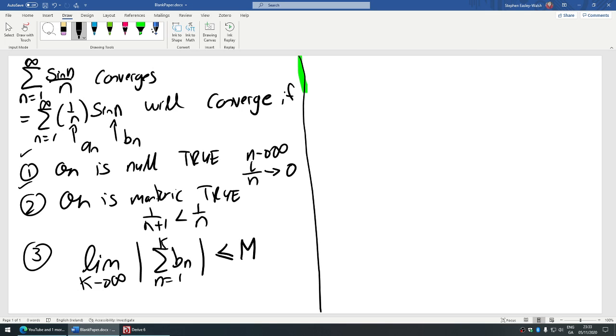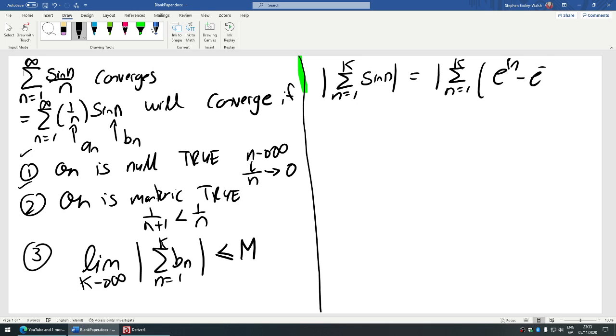So let's calculate here the sum from 1 to k of sine n. That's equal here, absolute value, 1 to k, and then we can use an identity on sine n. We can say that's (e^(in) minus e^(-in)) over 2i.